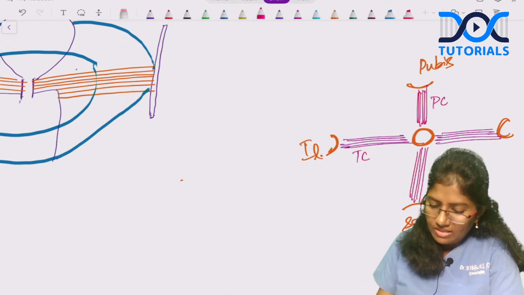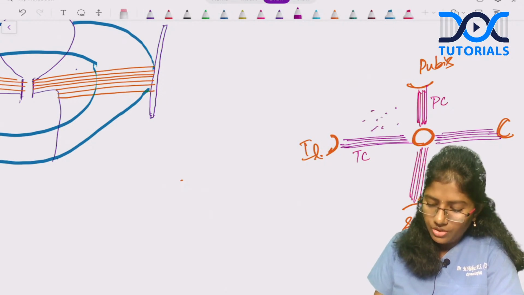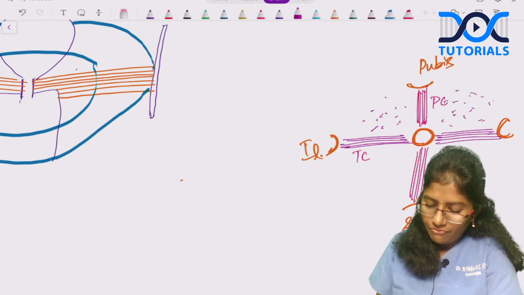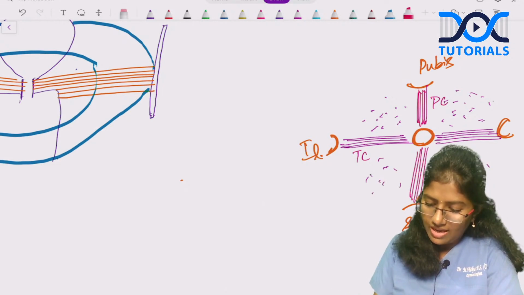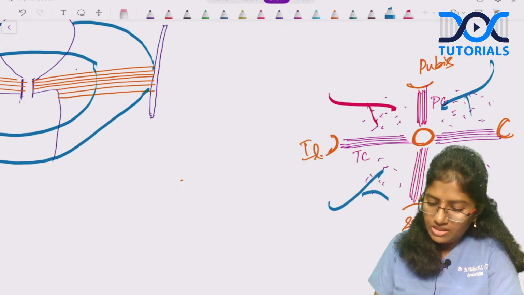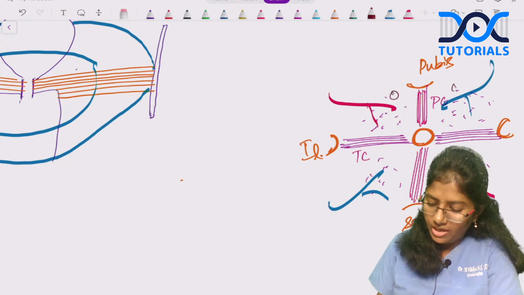In between these you have the connective tissue. And what does this connective tissue have? It has the lymphatics, the blood vessels, and nodes.